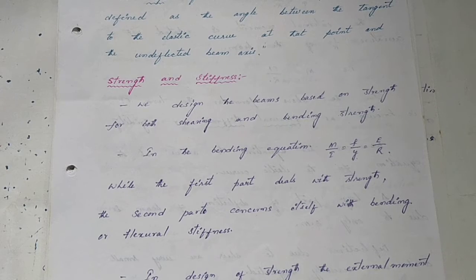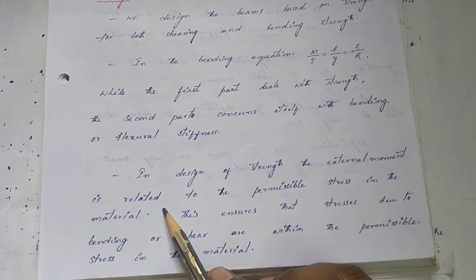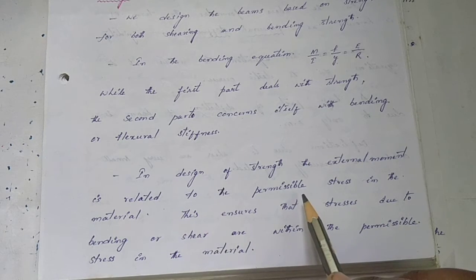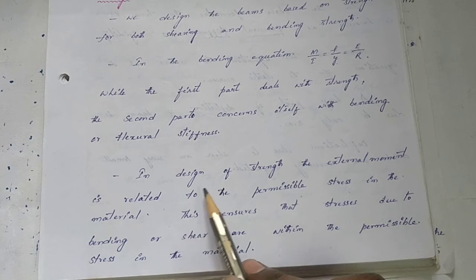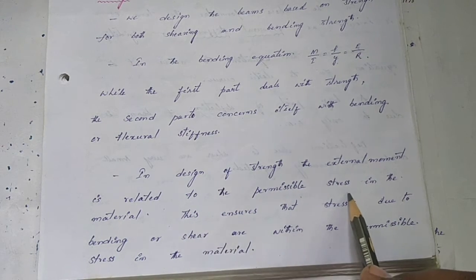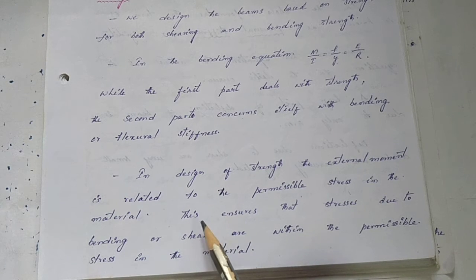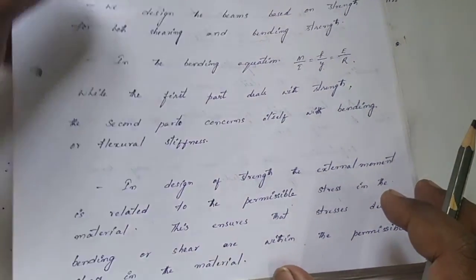In design for strength, the actual moment is related to the permissible stress in the material. This ensures that stresses due to bending or shear are within the permissible stress in the material, otherwise there may be failure.